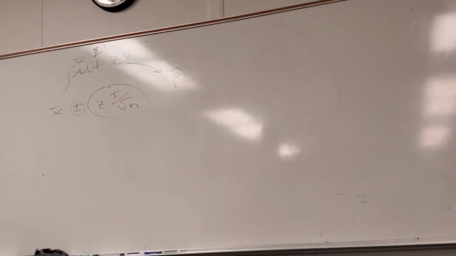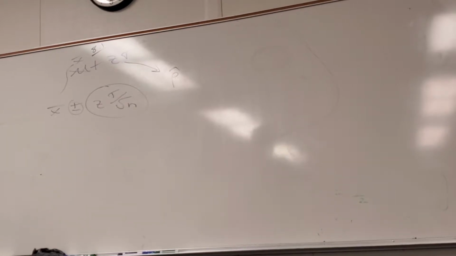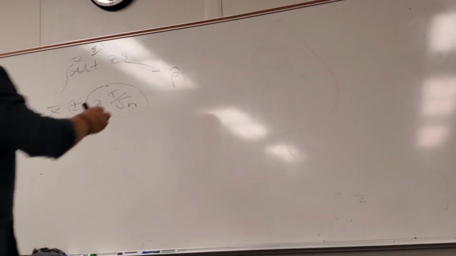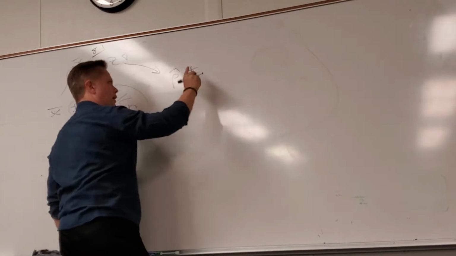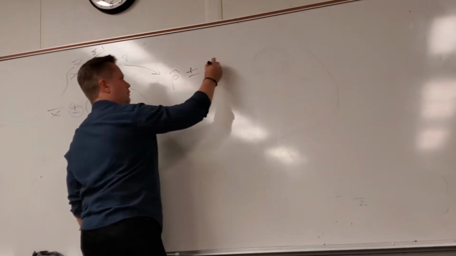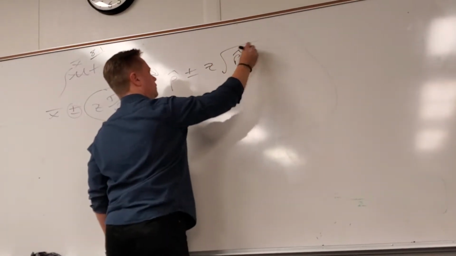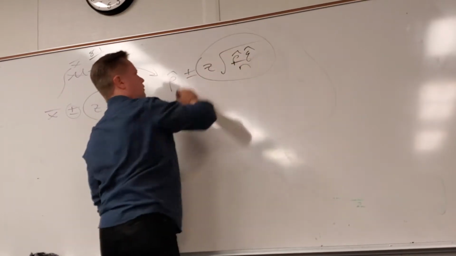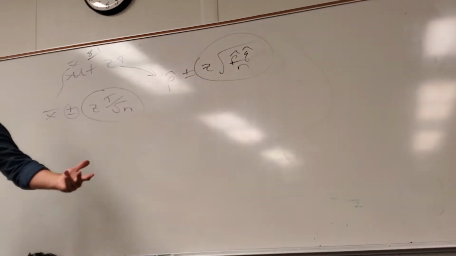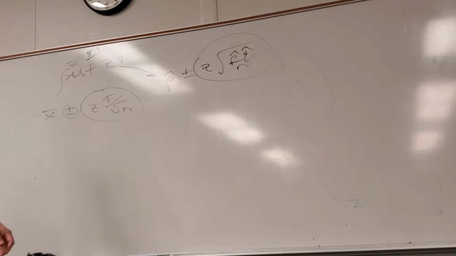When they give a report about, 55% want to vote for this, and at the bottom, plus or minus 4%, well, now we see exactly where that plus or minus percentage comes from. If this comes out to 4, then it's plus or minus 4%. So now we finally see the math behind that number.